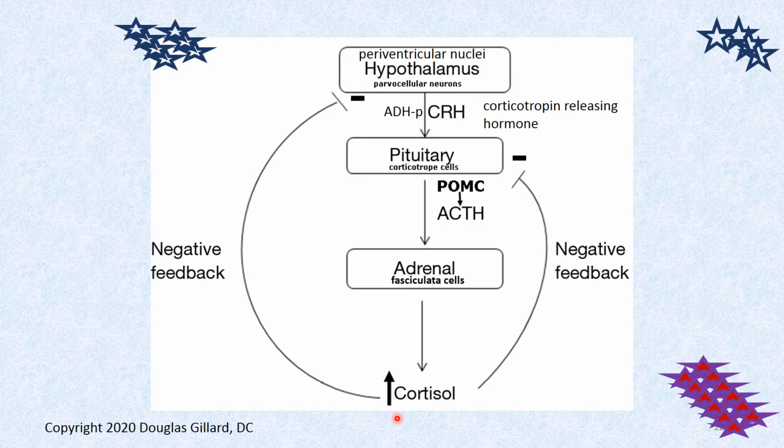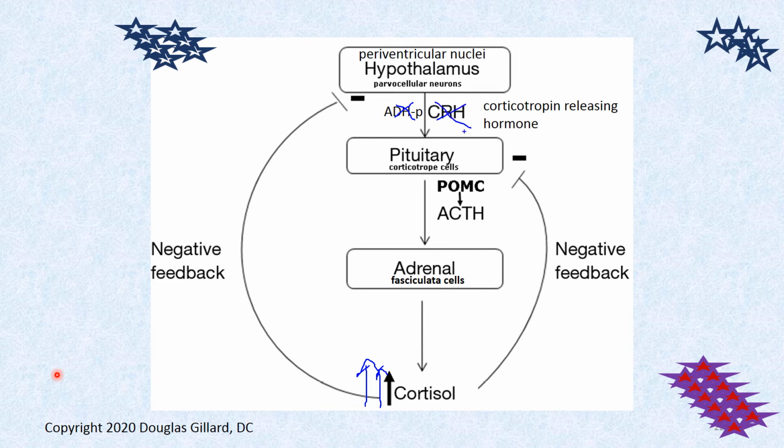Didn't I have a picture of that? There it is. So there's cortisol. Let me see if my little drawing tool is working. Oh yeah, it's working. So let's say we get too much cortisol in the blood, over elevation of cortisol. Cortisol will flat out bind to parvocellular neurons and knock these two guys out of action.